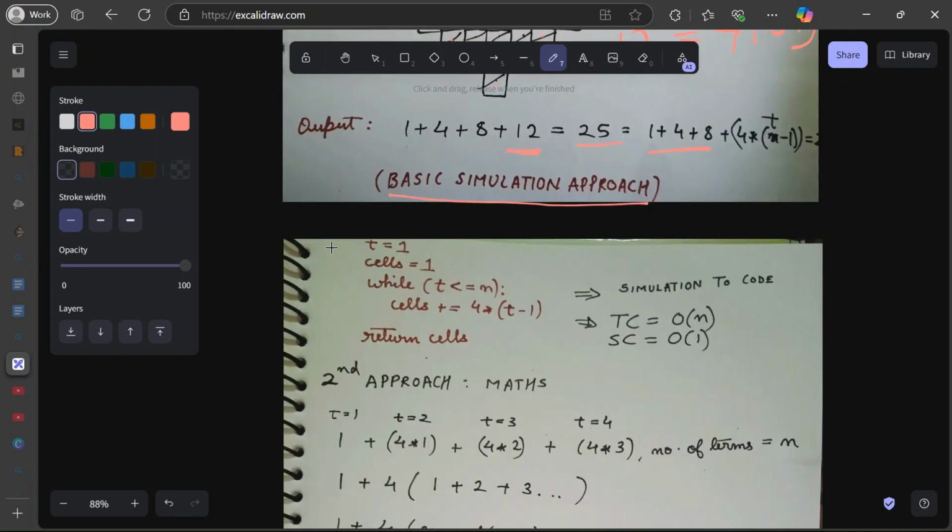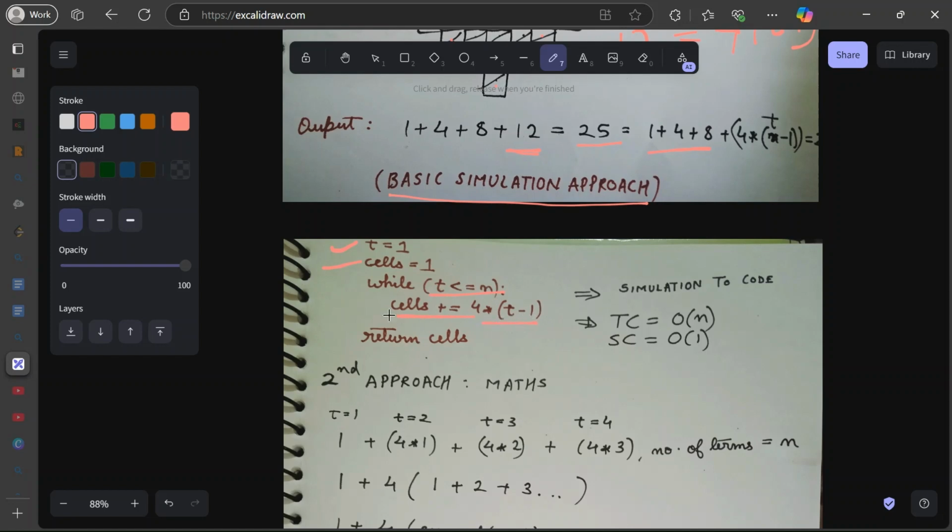See, I'm initializing t with 1, cells with 1, while my t is less than equal to n. N is the number for which we have to calculate how many uncolored blocks have turned into covered. I would add the 4 into t minus 1 because that is the amount of cells which will get converted every t seconds.